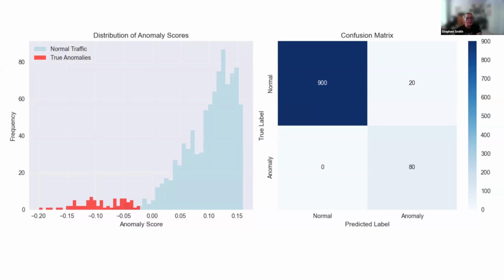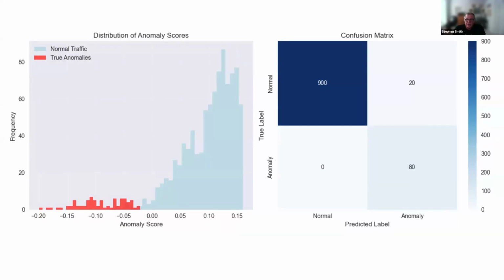Another thing to remember is isolation forest finds anomalies by randomly selecting features and splitting the values. Anomalies are easier to isolate because there are fewer splits needed, since they're so far away from the mean. So it's simpler to tease them out. If you look at the graph on the left, it has anomaly score.